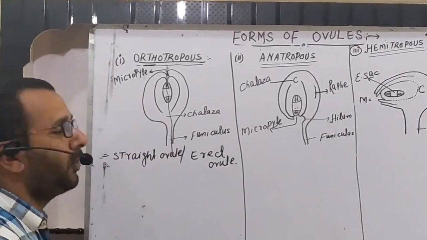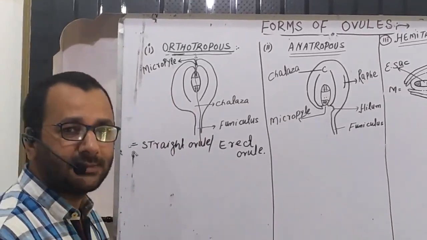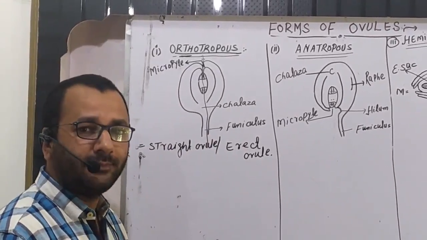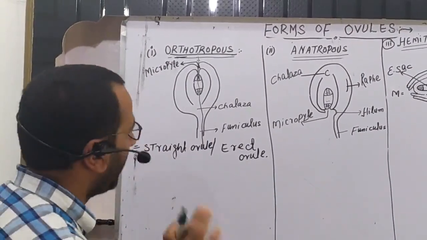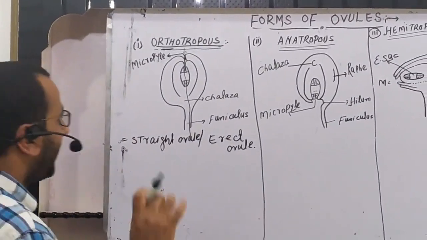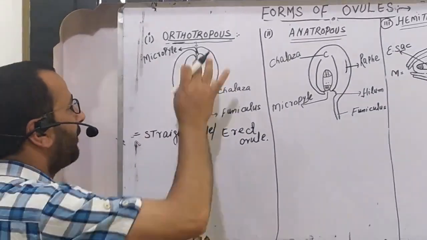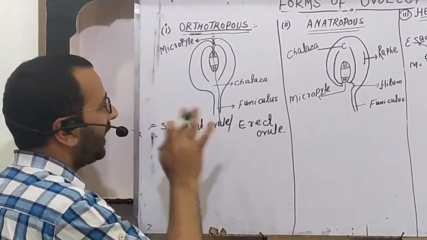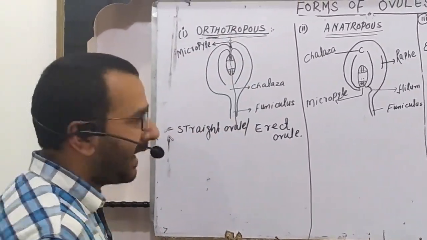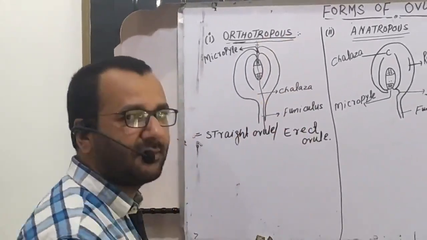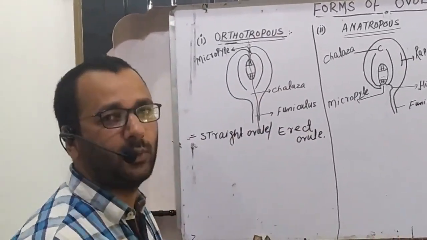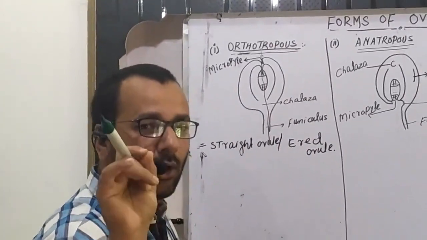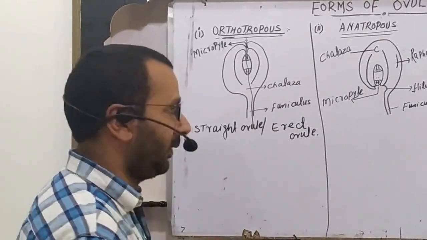This type of ovule is termed as orthotropous or erect ovule. So what is orthotropous ovule? It is an ovule in which micropyle, chalaza, and funiculus lie in a straight line. That type of ovule is termed as orthotropous ovule.